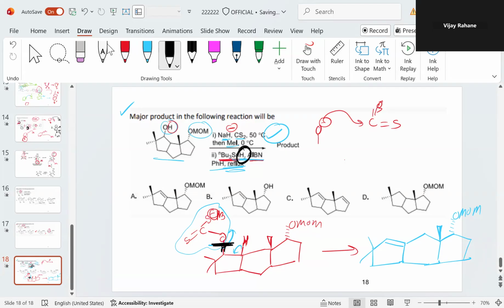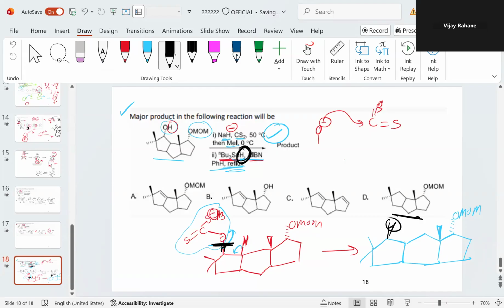So basically, instead of forming this double bond, there might be the addition of this hydrogen. So the most possible answer for these reactions is the one which has this hydrogen attached, which comes from this Bu3SnH.